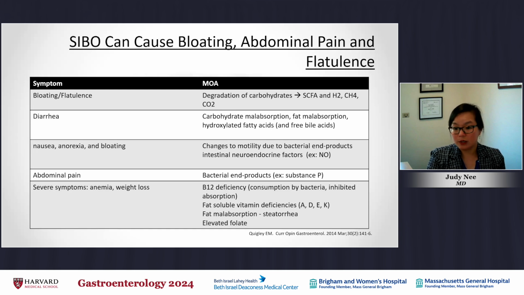Abdominal pain can result because of bacterial end products. And SIBO, in severe cases, can result in anemia and weight loss. I would argue that's not true in most of the subset of patients with IBS who have SIBO, but these can result because of B12 deficiency when there's consumption by bacteria, deficiencies of fat-soluble vitamins, steatorrhea, and then elevated folate.